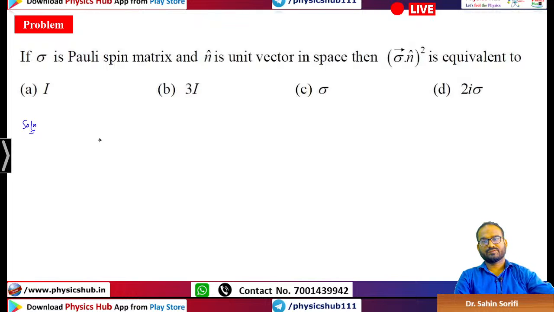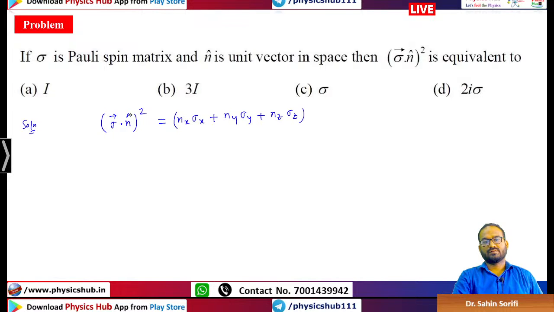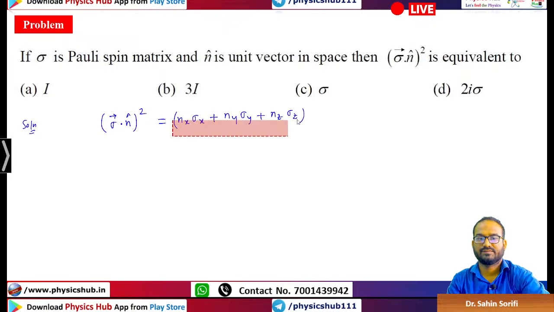Sigma dot n cap square you have to calculate. Look, sigma dot n cap, so the dot product is nx sigma x plus ny sigma y plus nz sigma z. Square means it will be multiplied with itself.